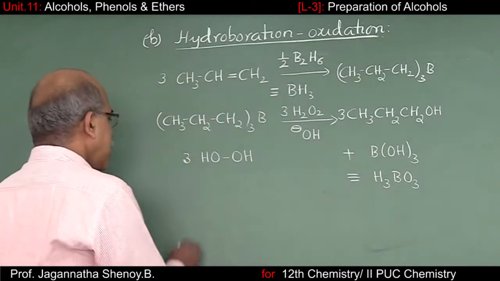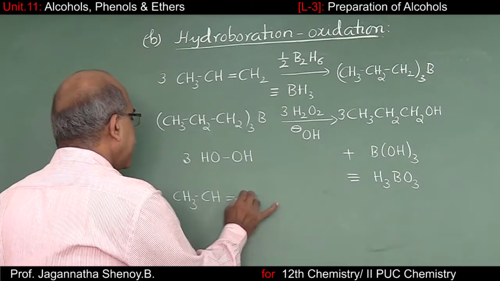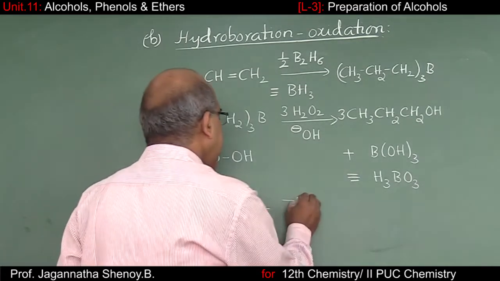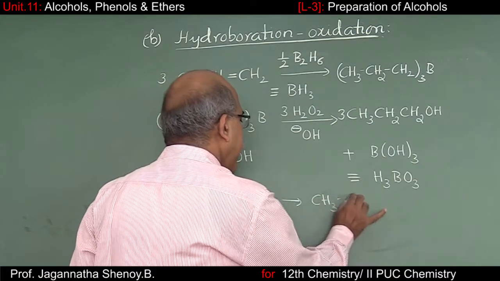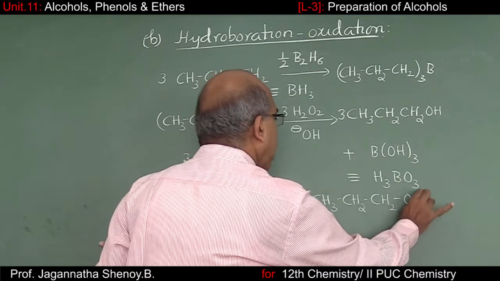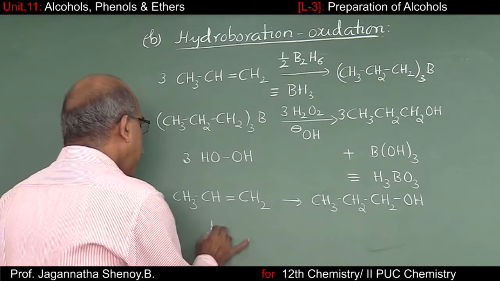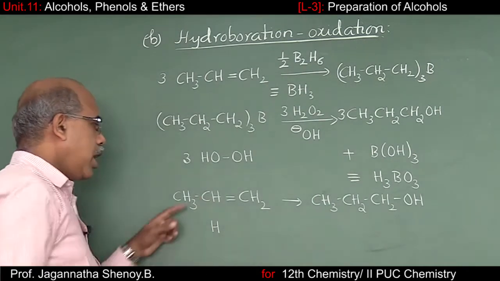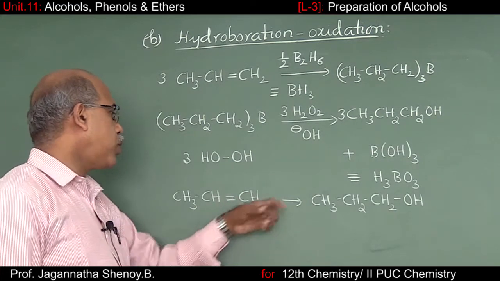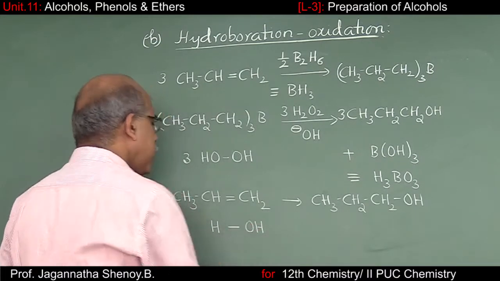Now just look at the net change that has taken place at the end of the reaction. I have started from propene and the final product is N-propyl alcohol. So if you observe the structural change, hydrogen of water has been attached to a carbon atom of the double bond, and the other carbon gets attached to the OH group.